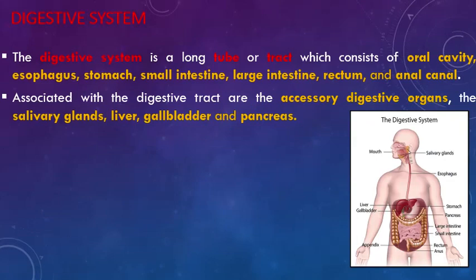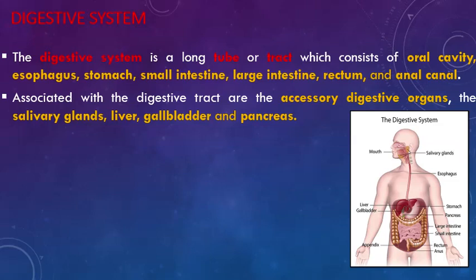The digestive system is a long tube or tract which consists of the oral cavity, esophagus, stomach, small intestine, large intestine, rectum, and anal canal.